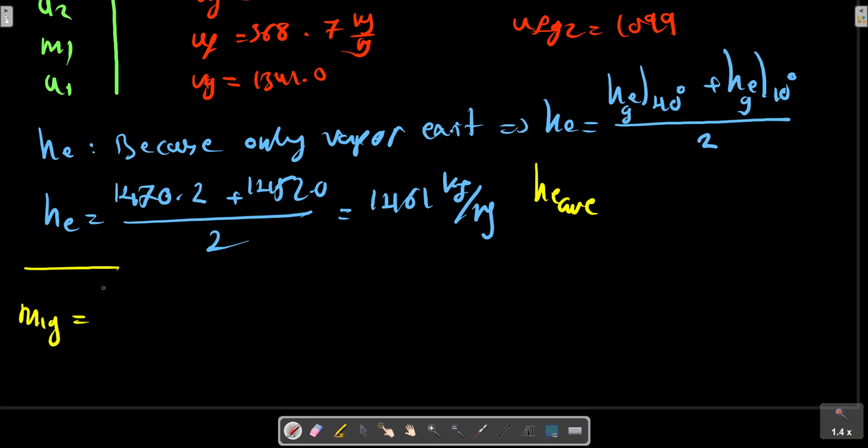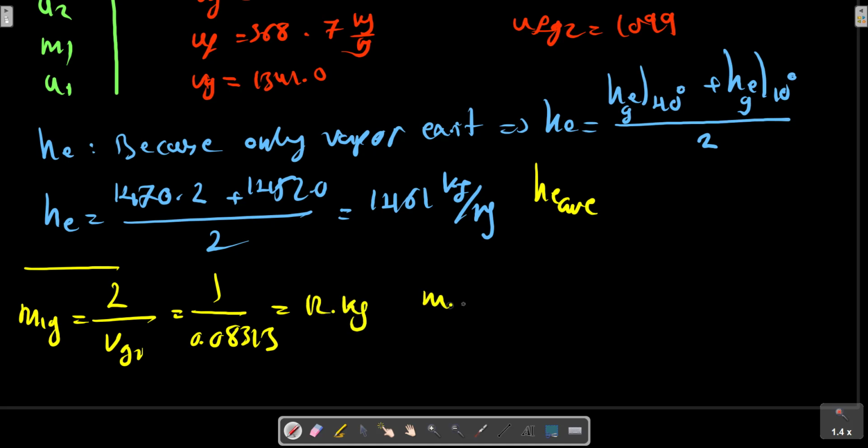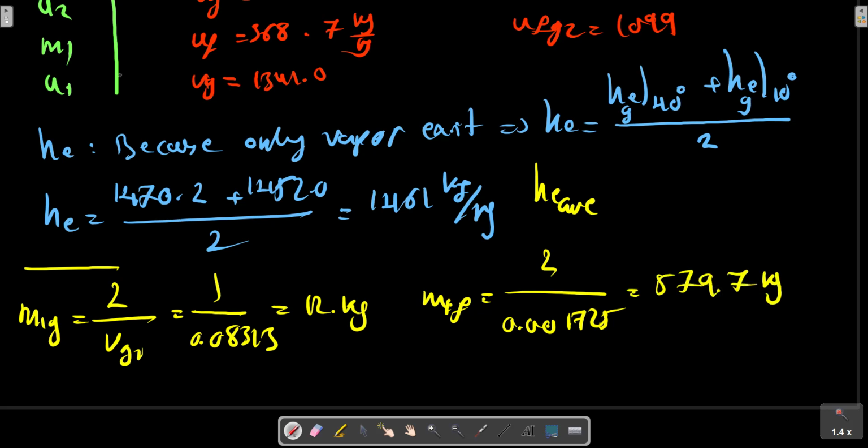Now we can calculate m1g equals V, which is 2, over vg1. And m1 for the liquid, vf1, so m1.